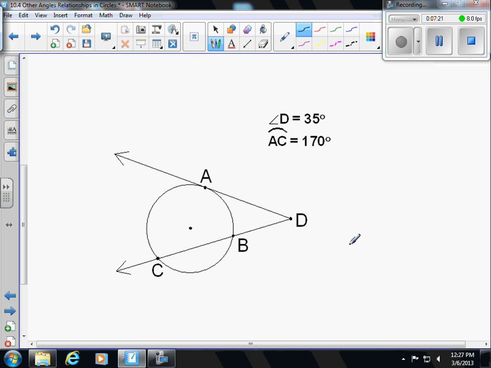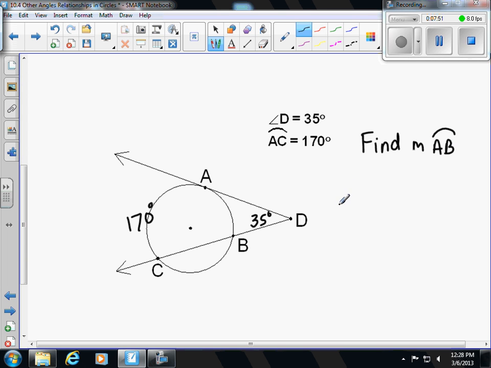And here we have a situation where the vertex of the angle is on the outside. And we've got some information. We're told the angle D is 35 degrees, and we're told the arc AC is 170. Now, what we would like to find in this problem is the measure of arc AB.